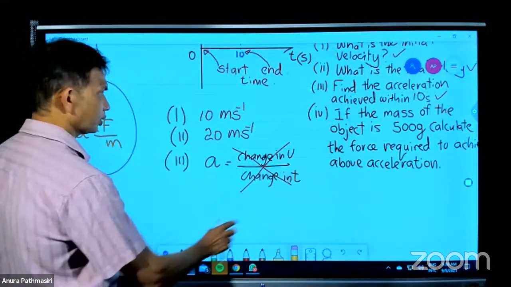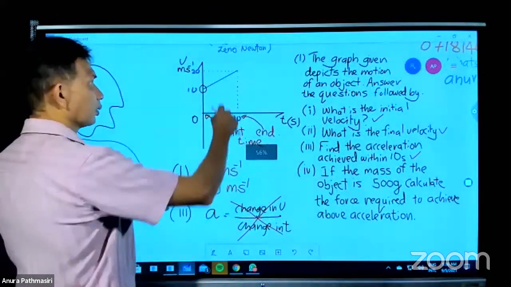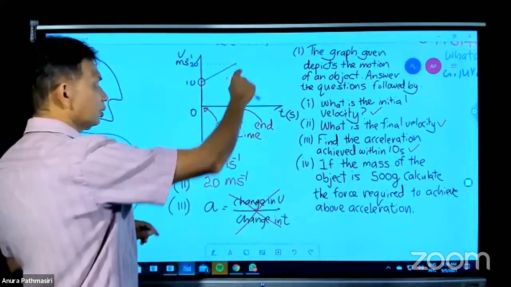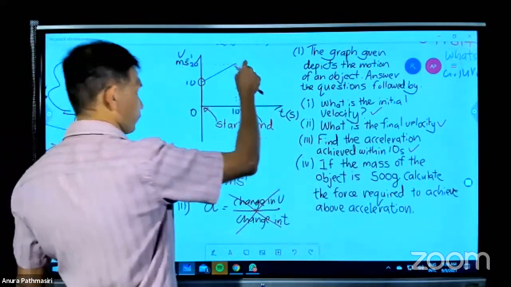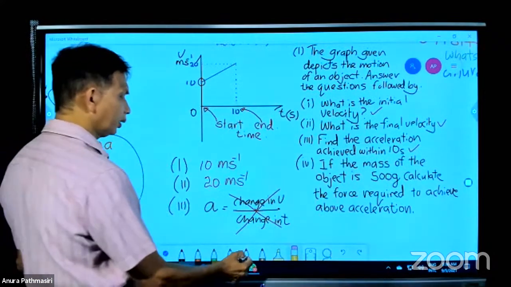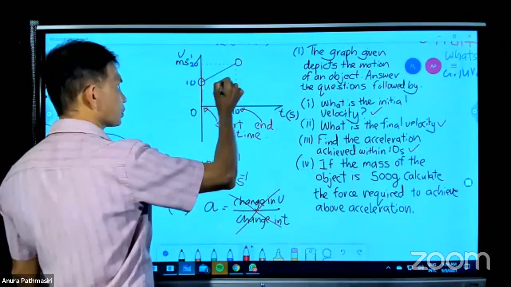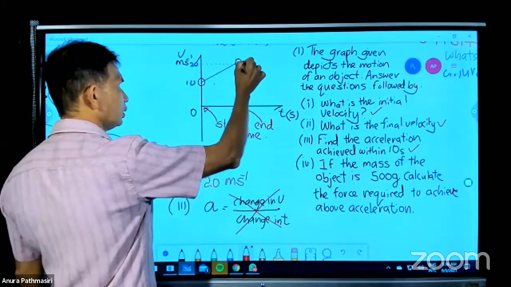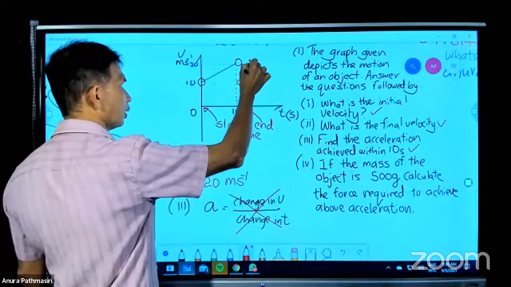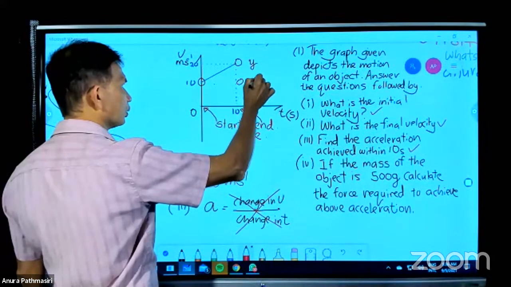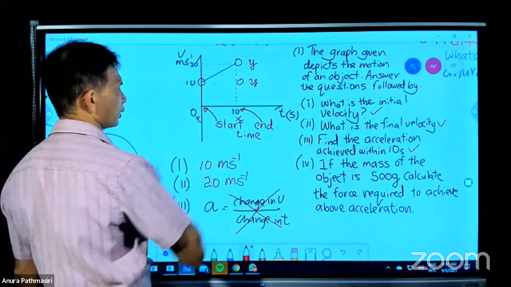Coming back, I'll be using the graphical representation. I'm going to take the equation: final velocity minus initial velocity. Final velocity is final y, and initial y, final x, and initial x.